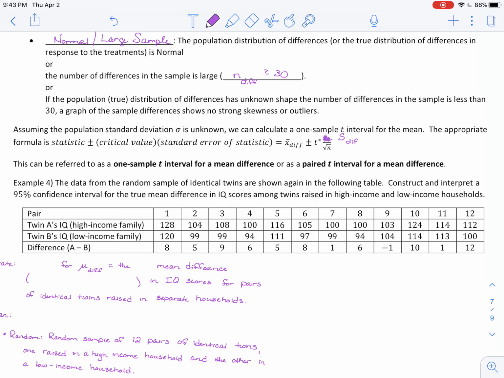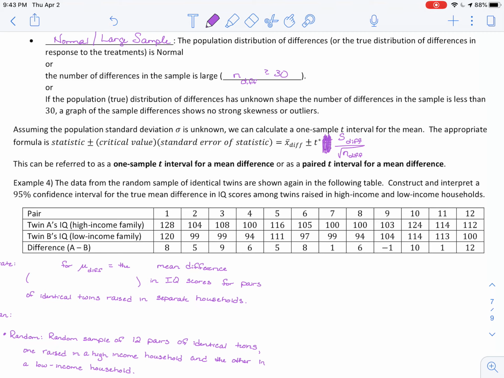This is actually just a typo. This should be the standard deviation of the differences over the square root of the number of differences. So again, in that twin study, note the fact that there were 24 people in the sample, but there would be 12 differences in this sample. So these are both wrong. My apologies.